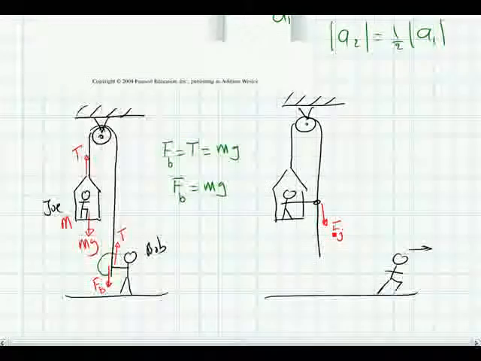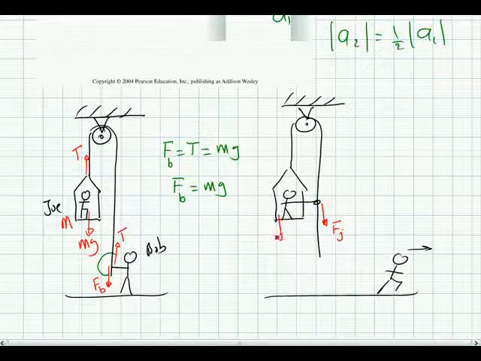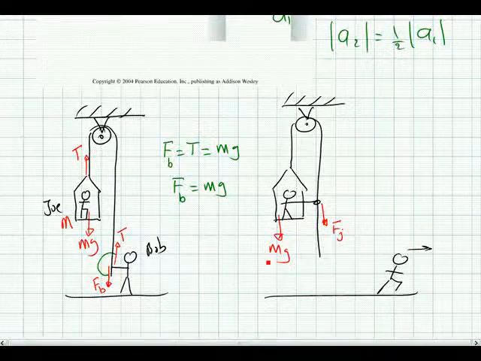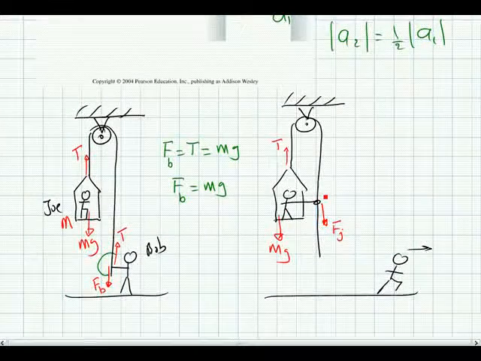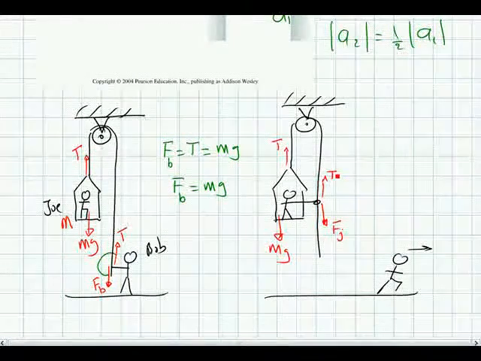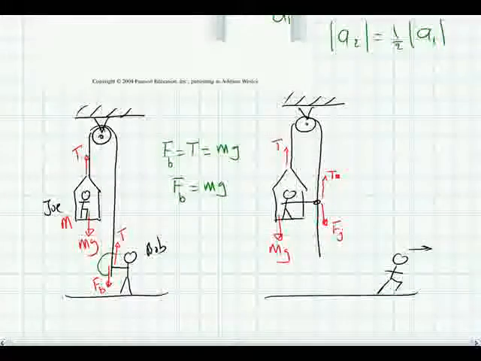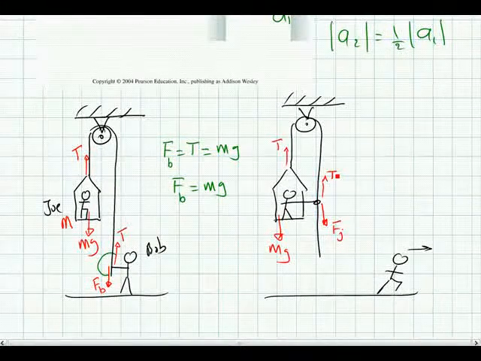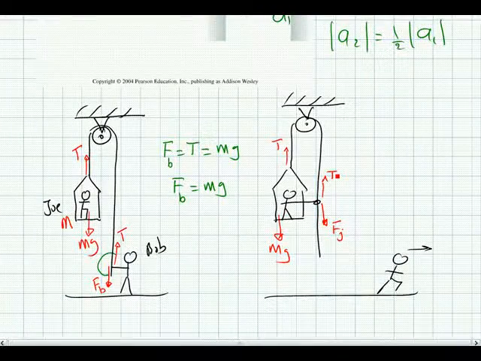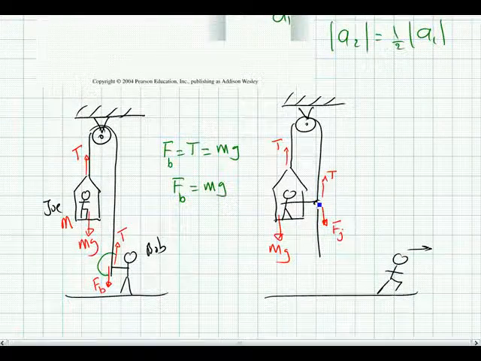So this is F Joe. What is F Joe? Well, obviously mg has not changed. Now we have tension up on the rope this way. Of course, there's also tension up in the rope that way.